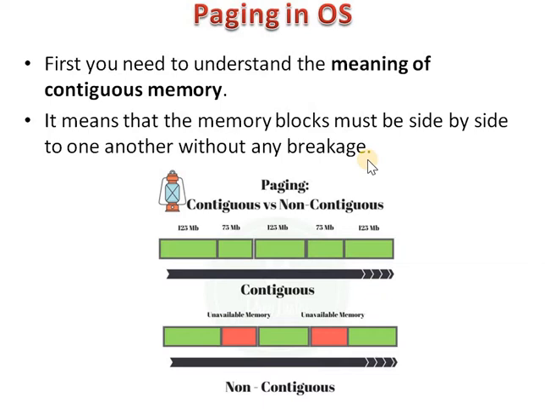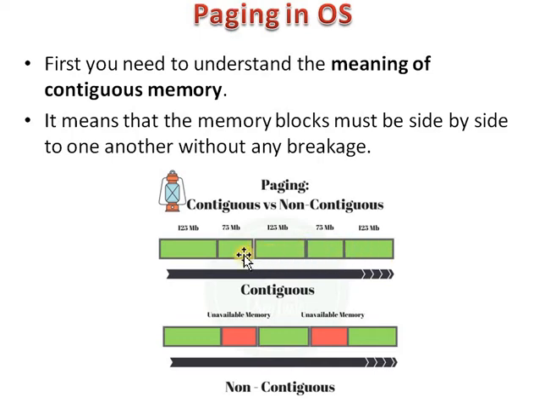Now we start with paging as memory. What is continuous memory? Continuous memory is the memory in which we can store the data in a continuous manner. It means that the memory blocks must be side by side to one another without any breakage.